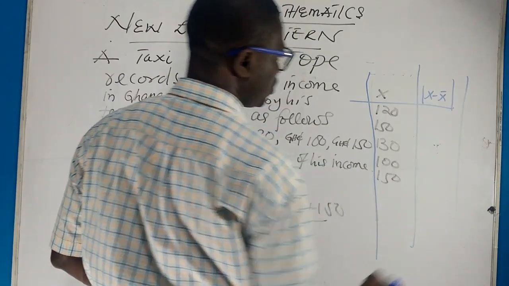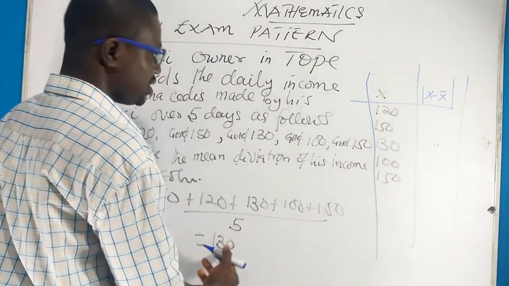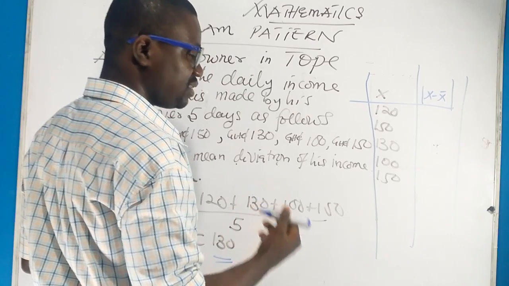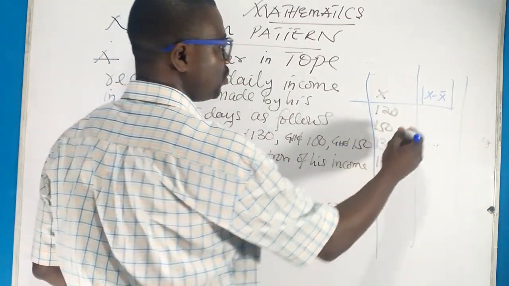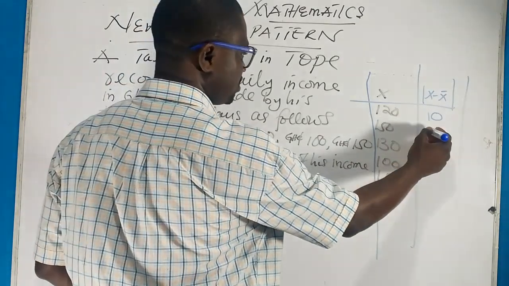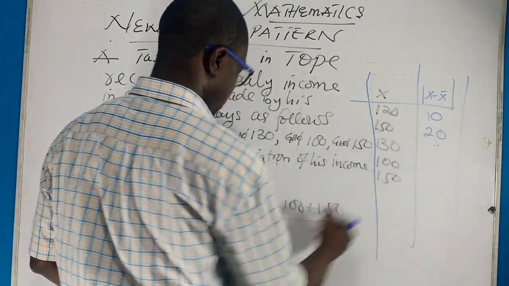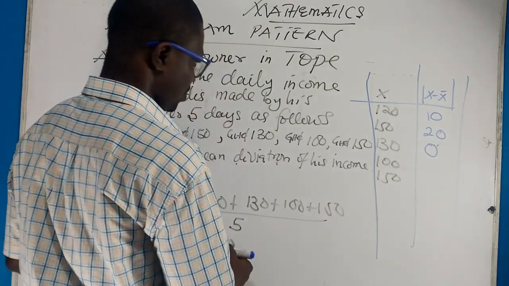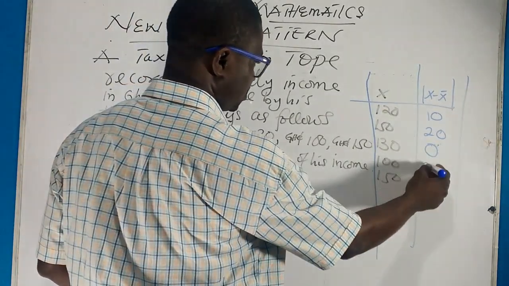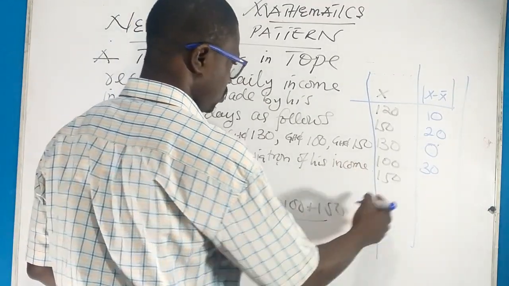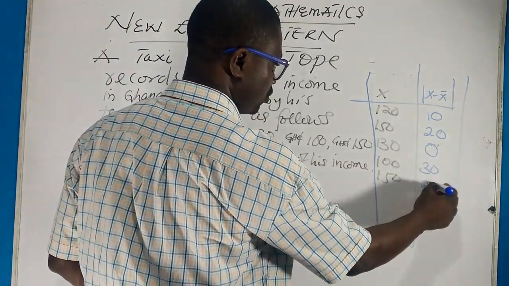When you subtract 130 from 120, you have negative 10, but because this is the absolute value, you write 10. 130 from 150, you get 20. Then 130 is 0. 130 from 100 is 30. Absolute value is negative, but it's 30. Then this one also gives you 20.